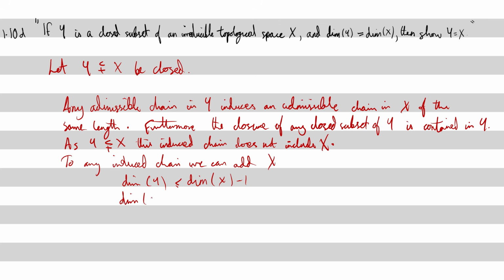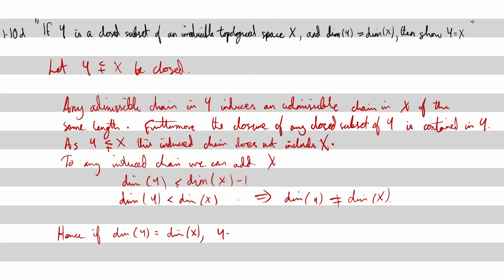Therefore, the dimension of Y is less than the dimension of X, which implies that the dimension of Y is not equal to the dimension of X. Hence, by contrapositive, if the dimension of Y equals the dimension of X, Y equals X.